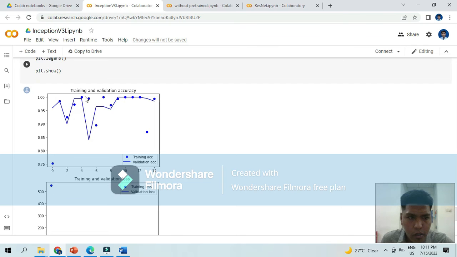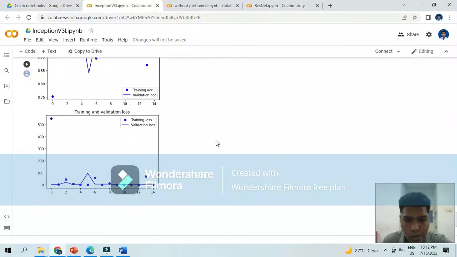Based on figure 5, the majority of the training data almost achieves 90% accuracy and validation obtains 1. The lowest training accuracy is 0.75, while for validation the lowest is below 0.95 at epoch 2.